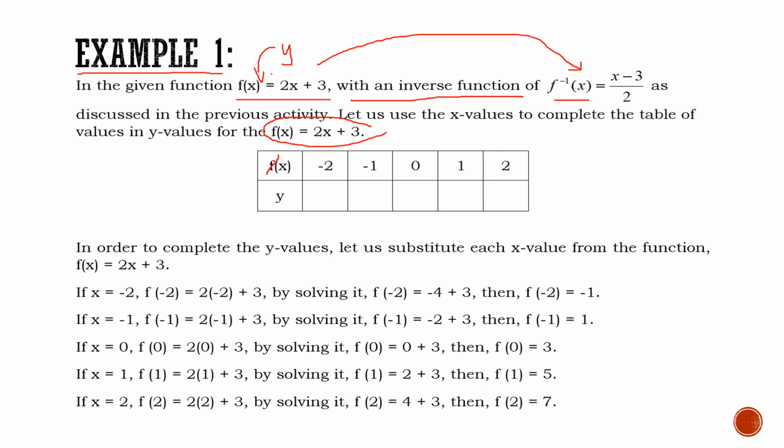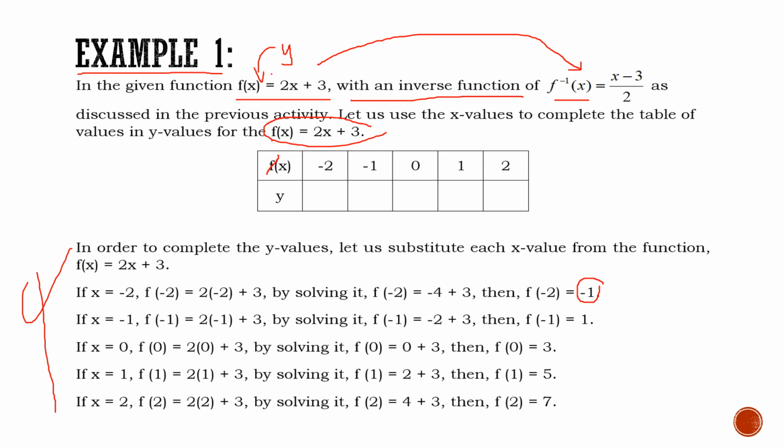Now, what will be the value of your y? We just simply substitute the given values to your variable x. Here is the computation. We apply negative 2 to your original function, 2x plus 3. Negative 2 multiplied by 2, plus 3, is equal to negative 1.